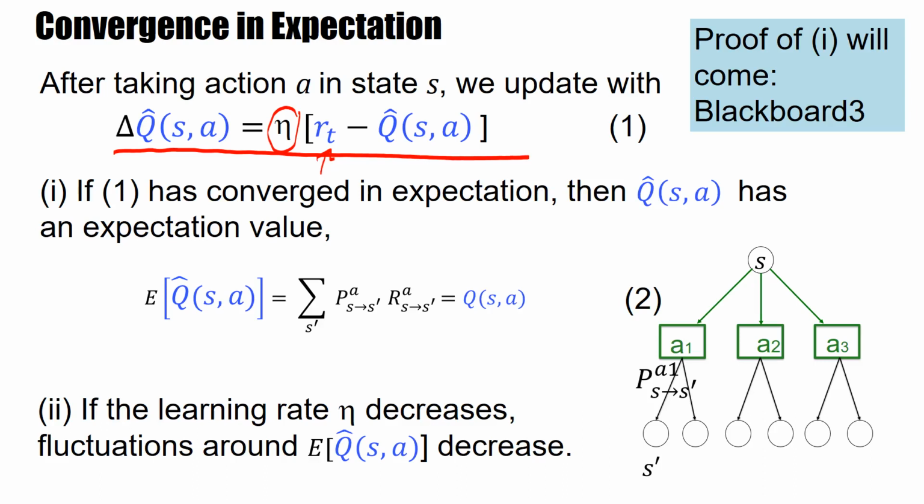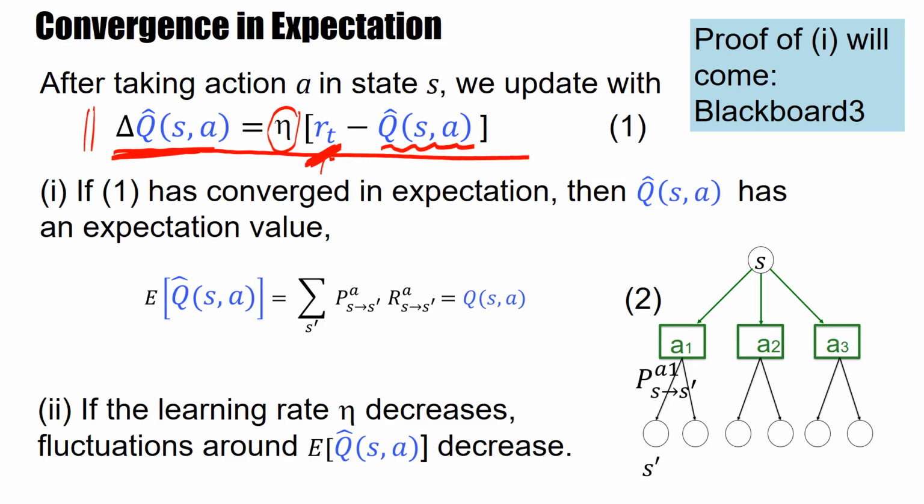Now, how can we interpret this formula? Well, the change is positive if the reward at time t is larger than my current expectation, my current estimation. If the reward is larger than the estimation, then I should increase my estimation.